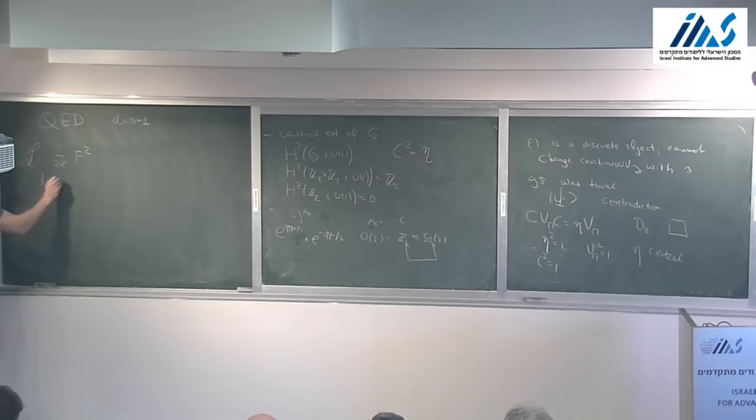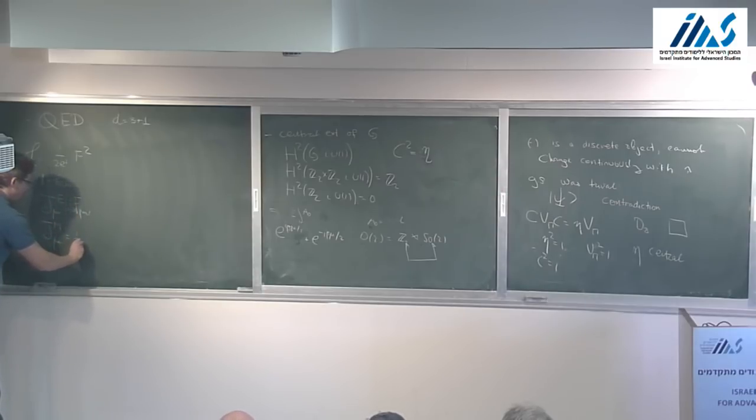But Maxwell theory has interesting one-form symmetries, which are currents with two indices that are conserved. So there are 2 such currents. One is called the electric, and one is called the magnetic. And they both have 2 indices. This is just F mu nu over 2 pi.